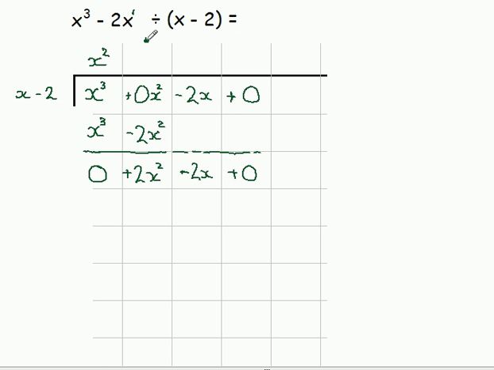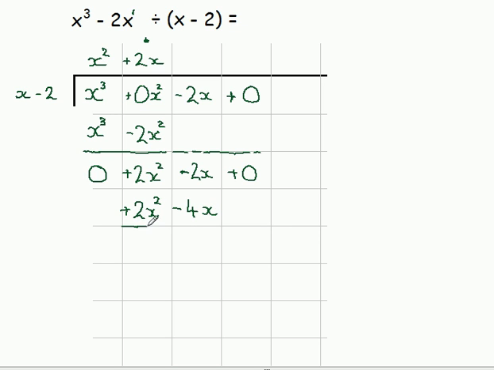Now I'm moving on to the second column. The plus 2x squared divided by x gives me plus 2x. Now I take this plus 2x and multiply it by this, and I get plus 2x squared, of course, as my first term, and then minus 4x here.